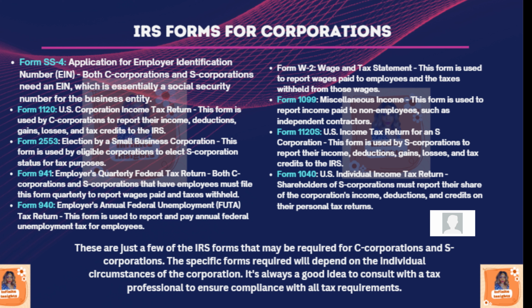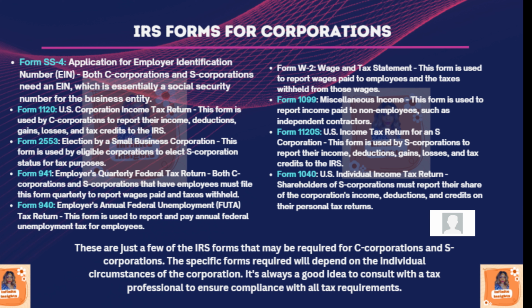Form 1120S, U.S. income tax return for an S corporation. This form is used by S corporations to report their income, deductions, gains, losses, and tax credits to the IRS.